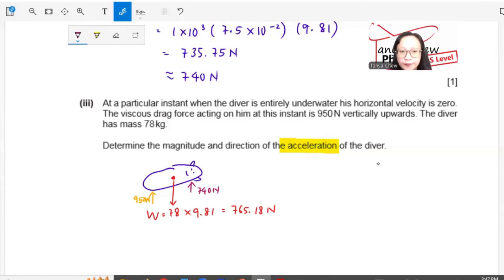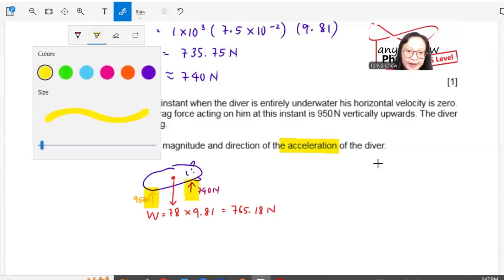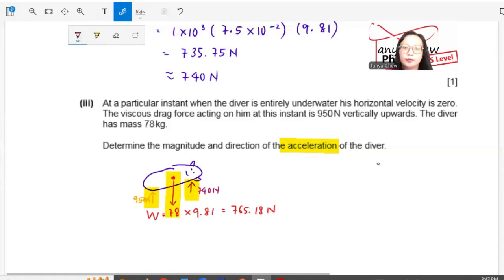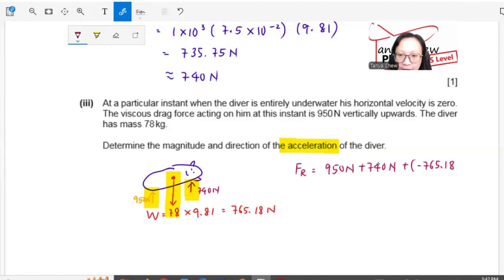Now, I need to find resultant force. Could you see that I have two forces acting in upwards direction and one force acting in downwards direction? Resultant force, you put negative to downwards and I am going to put positive to upwards direction. So 950 Newton plus 740 Newton plus negative 765.18 Newton.